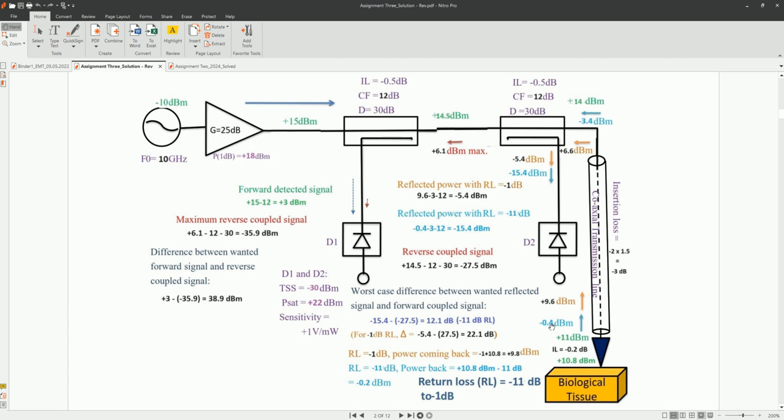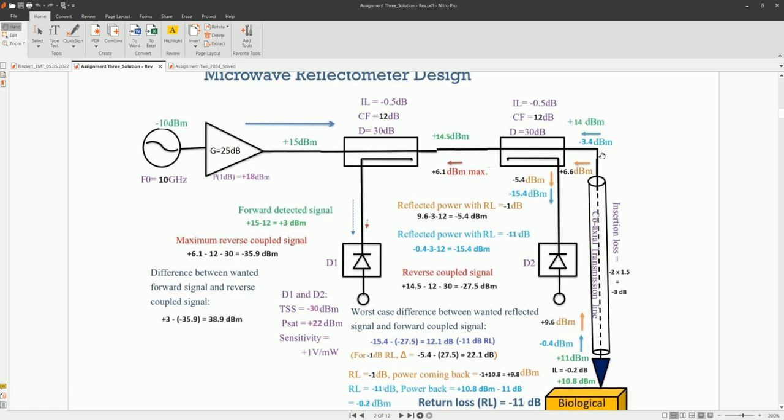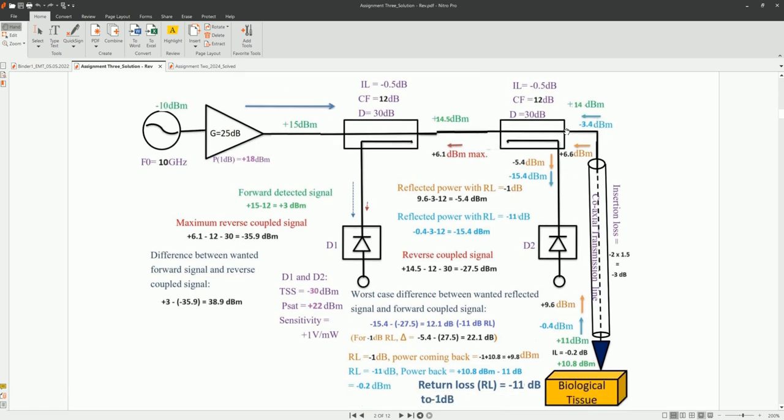Then minus 0.4 minus 3 becomes minus 3.4. Here you can see minus 3.4, and when it comes here, we subtract 12 from it and it becomes minus 15.4.